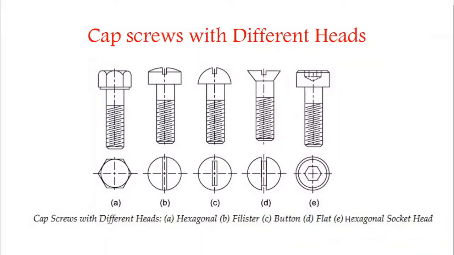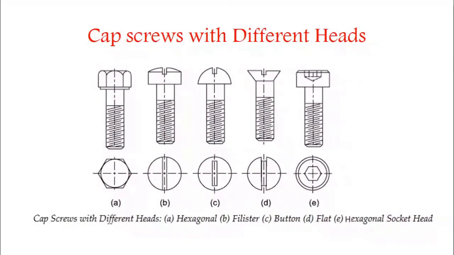Cap screws with socket head are shown in figure E. These cap screws are tightened by a small wrench made of hexagonal bar bent at right angles.